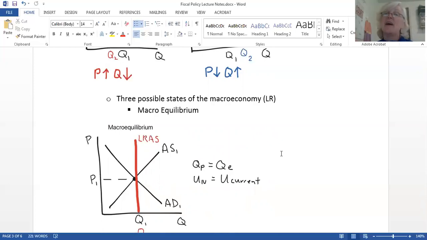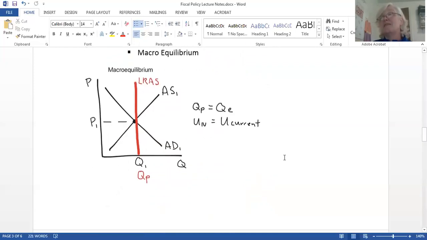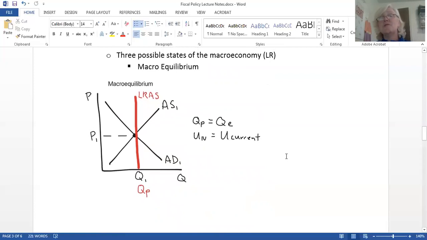So the LRAS is determined based on what economists feel is the natural rate of unemployment in the economy. What is the appropriate amount of structural and the appropriate amount of frictional that our economy has found a balance at, okay? And again, the economists don't just make up this number. We look at our structural, we look at our frictional, and we go, yeah, okay, that's reasonable, that's our natural, okay? So it's based on that. And so what we do now is we add the frontier on there.